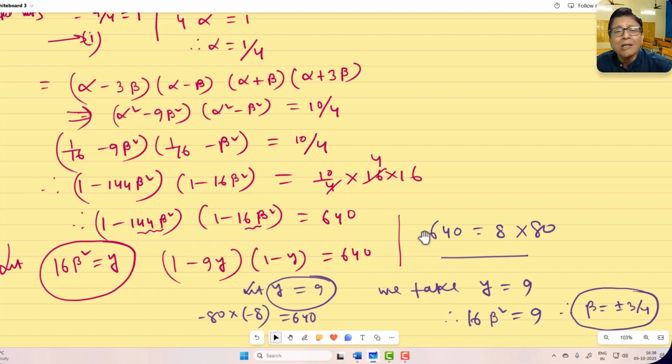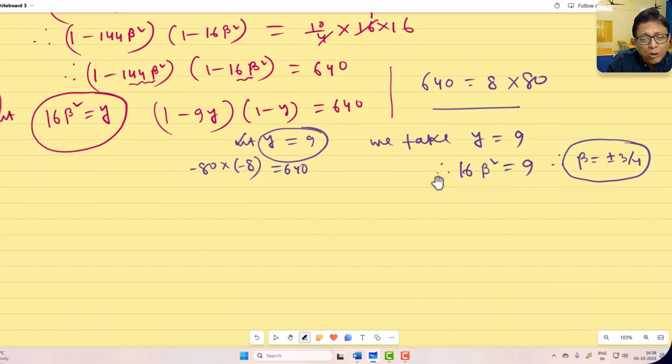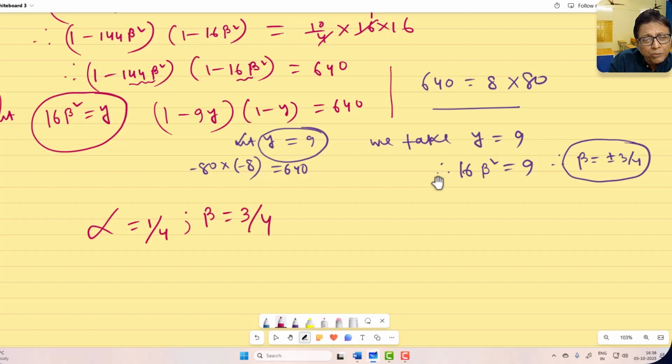So alpha is going to be fixed. But beta you got, alpha is 1 by 4, beta you got plus minus 3 by 4, okay. So you got alpha 1 by 4 and beta 3 by 4, or alpha 1 by 4. So what are the roots here?